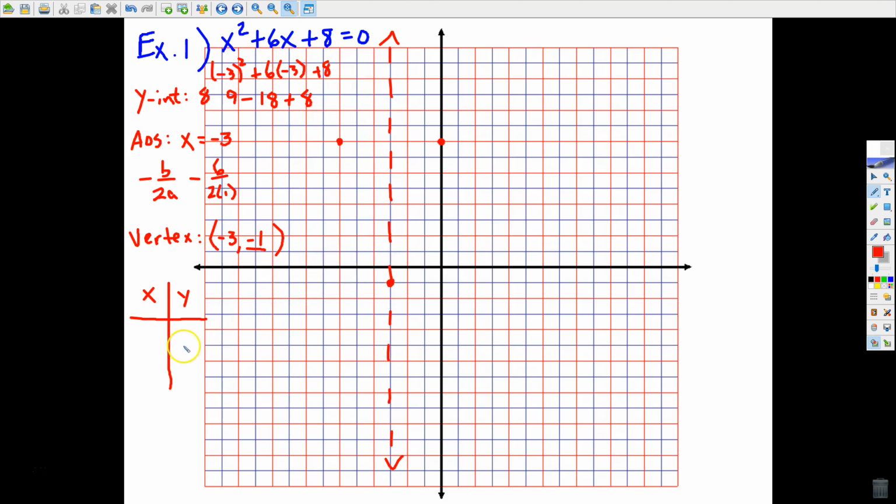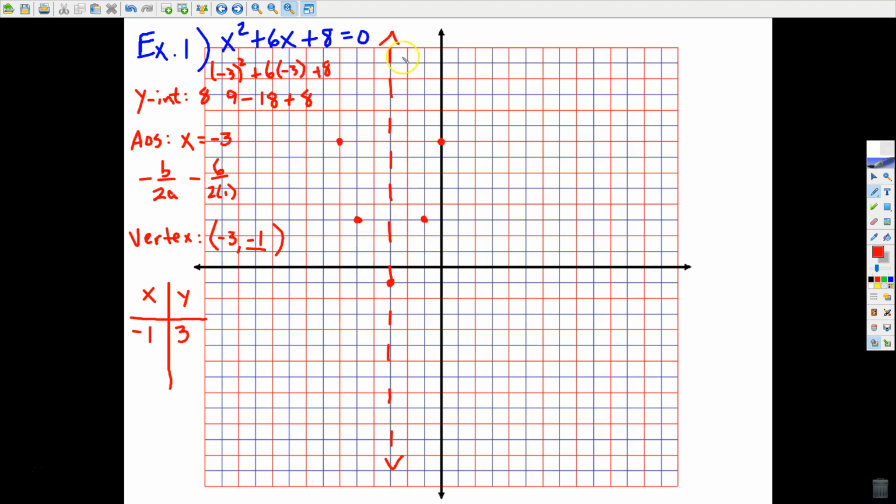We're really interested in if the graph crosses the x-axis, then where. So I'm going to do an input of negative 1, so I can fill in right here. If I do negative 1 input, that would be 1 minus 6, which is negative 5, plus 8 is positive 3. So the point negative 1, 3 is on the graph. That means a corresponding point is also on the graph, which is negative 5, 3.